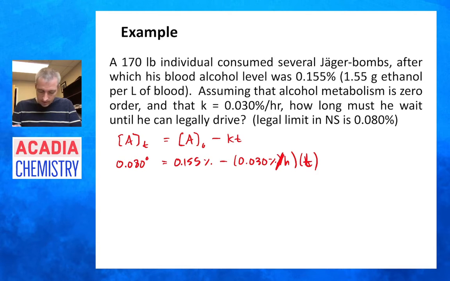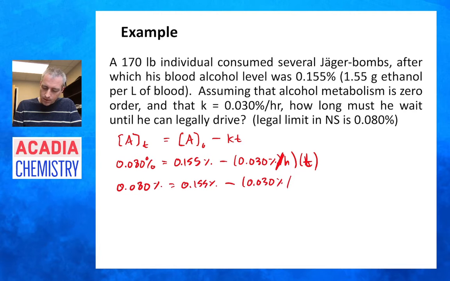Bit of a mess there. So yeah, let's rewrite that a little bit. 0.080% equals 0.155% minus 0.030% per hour times t.